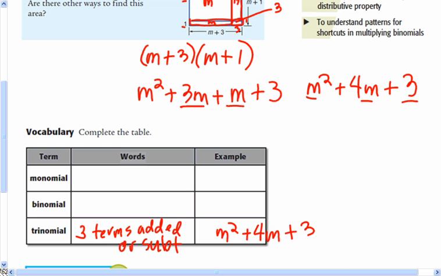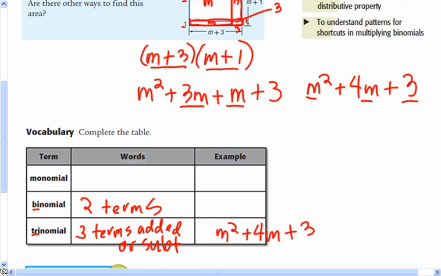And we have a binomial, tri meaning 3, a binomial, you could probably figure that out, means two terms added together. And that's what we have up here. That's a binomial there, that's a binomial there. So we're actually multiplying two binomials there, and that's our objective here, to learn how to do that. And in this case, we ended up with a trinomial as an answer when we wrote that in expanded form.